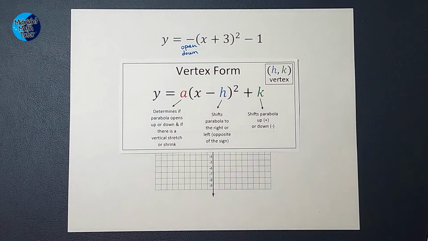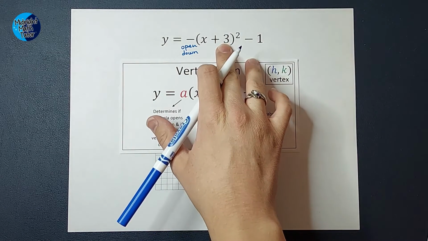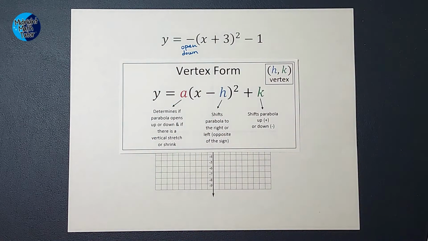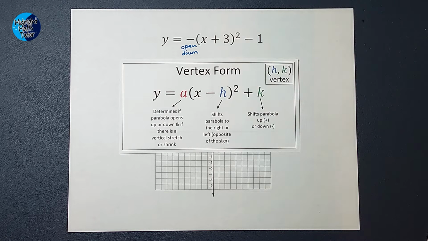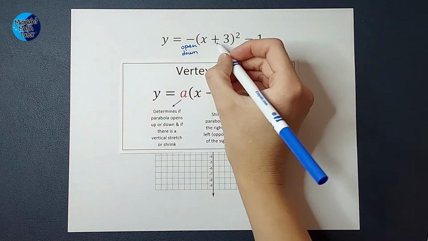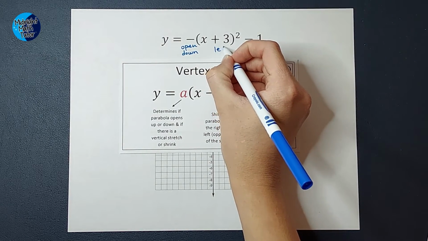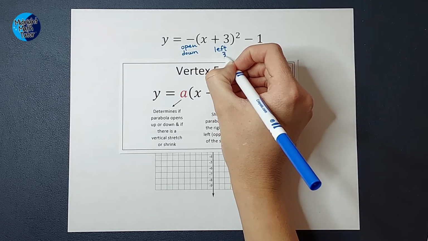Next, this number here tells me how much my graph shifts either to the right or the left. I've got a +3 there. You actually do the opposite of the sign. So +3, you might think right 3, but for the one inside the parentheses, you do the opposite of the sign, so I'm actually going to go left 3.